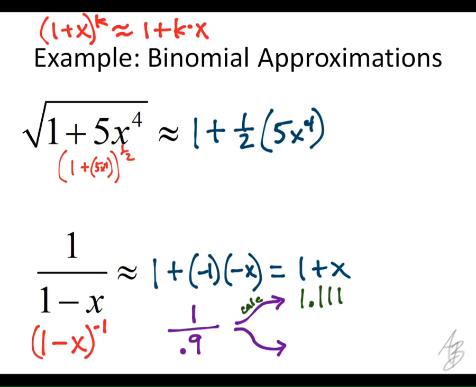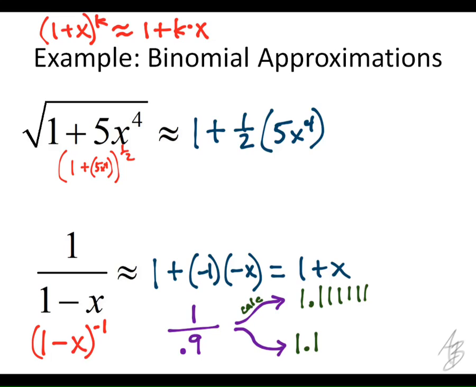So 1.11111, and so on. All right. What does our approximation say? 1.1. Because on the bottom here, 0.9, we would say x is 0.1. If we want to get 0.9, we would take 1 minus 0.1. So x is 0.1 in this case. So we say 1 plus 0.1 is 1.1. That's pretty close, isn't it?